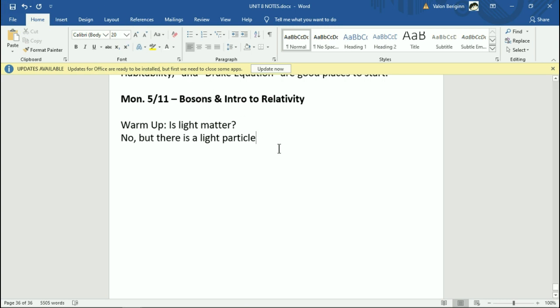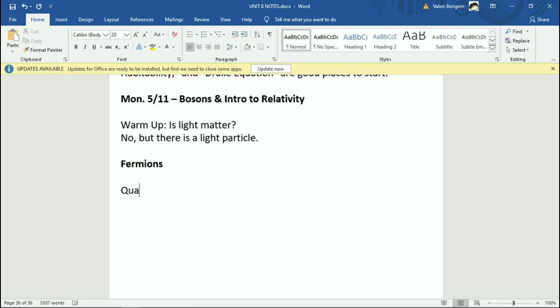So remember, when was this? This was back in January. We talked about a bunch of quarks and stuff, right? And these are defined as fermions. Here, let me create a little table.